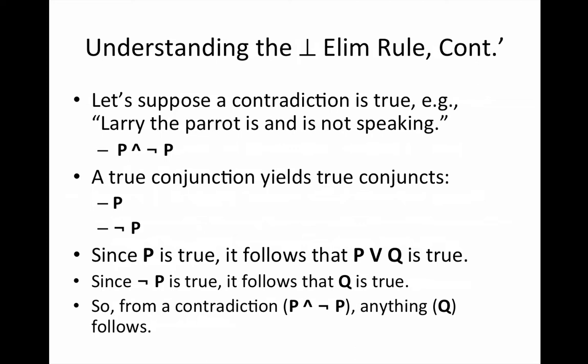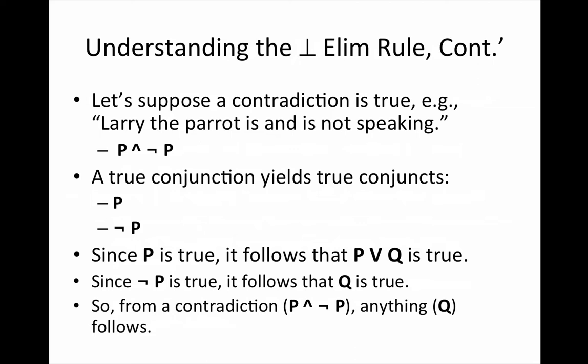Since P is true, it follows by a rule that we will learn in just a moment, but that we already know by definition is true, namely that Larry the parrot is speaking, or anything I want to say is true. Q, Santa Claus is real. So either Larry the parrot is speaking or Santa Claus is real is true.